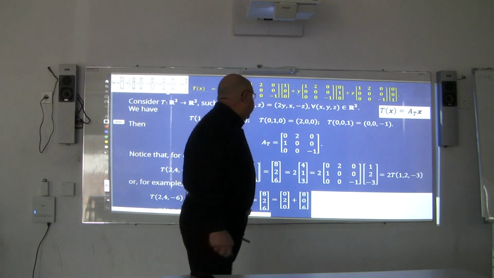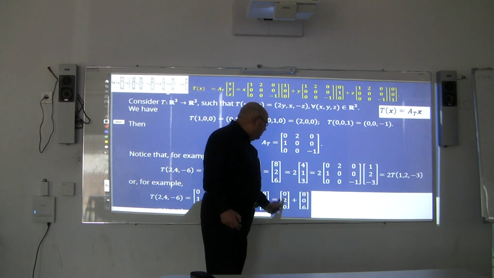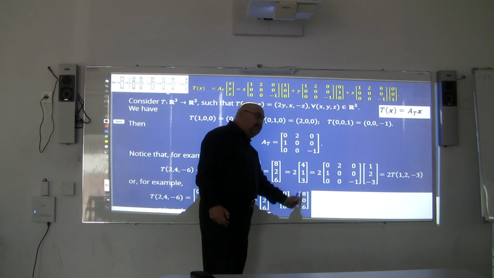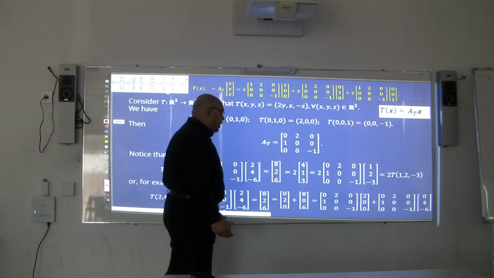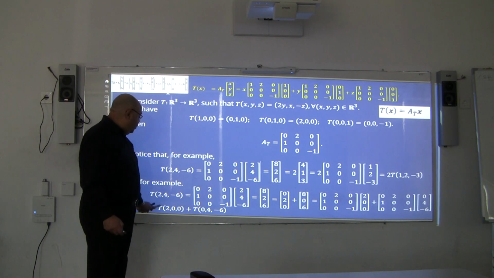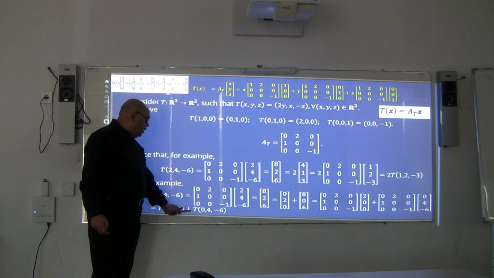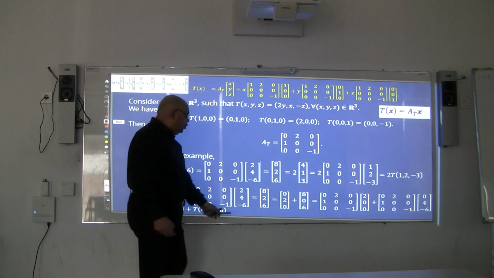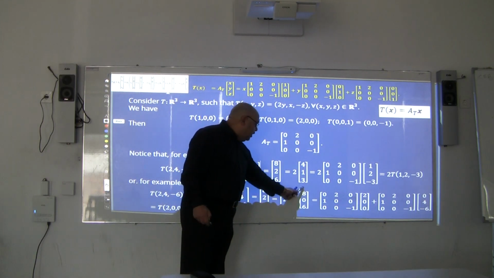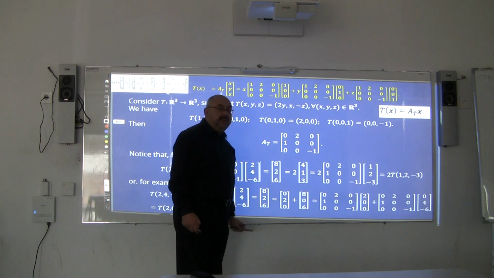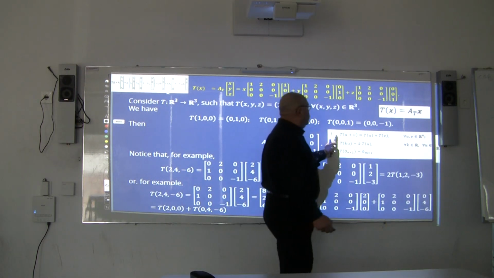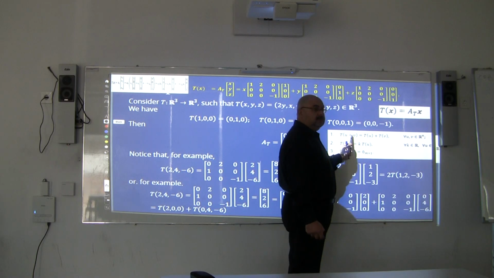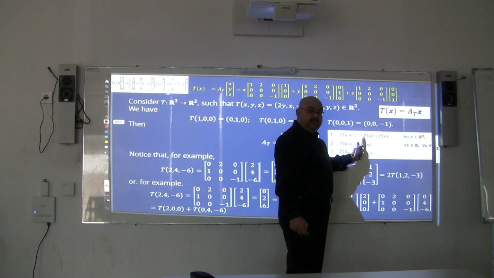I can get the matrix for this image and the matrix for that image. So the transform of 2 0 0 0 4 and negative 6 will appear as 0 2 0 plus 8 0 6. Once you add them together, they will be equal to each other, which means we have the transform correct. The addition of 2 vectors equals the addition of their transforms.